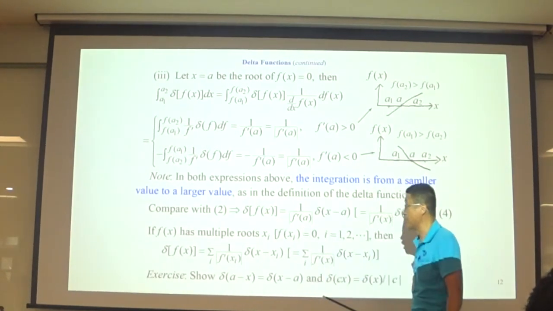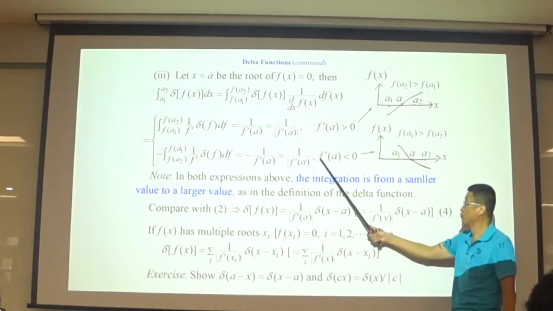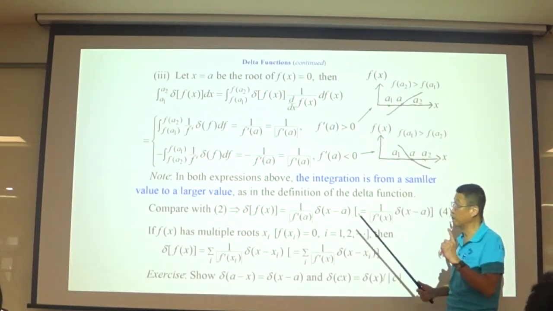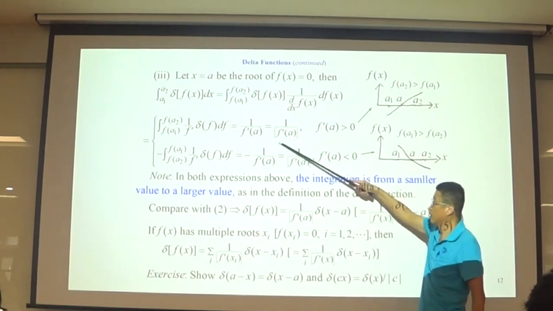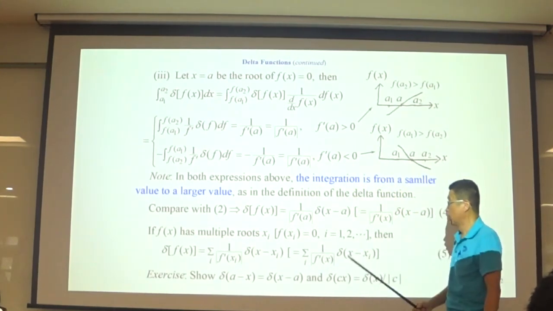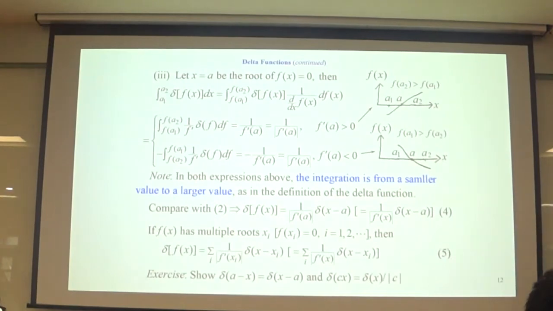Therefore, with different slope, the result will be different. But anyway, just take the absolute value of the slope. In both expressions above, the integration is from a smaller value to a larger value, as in the definition of the delta function.